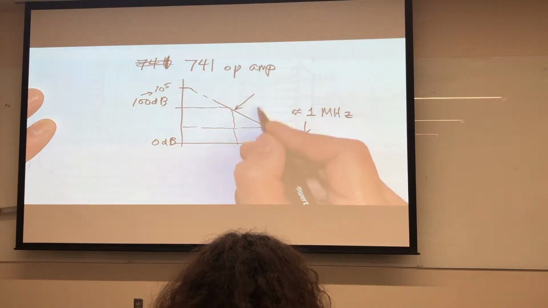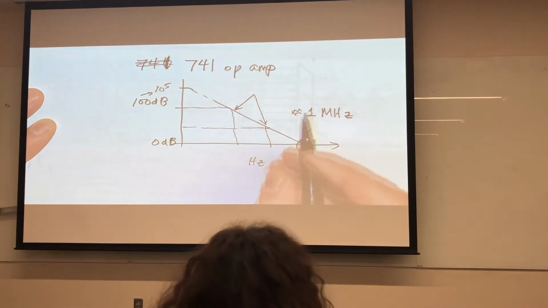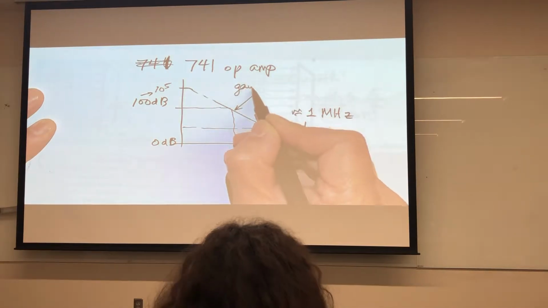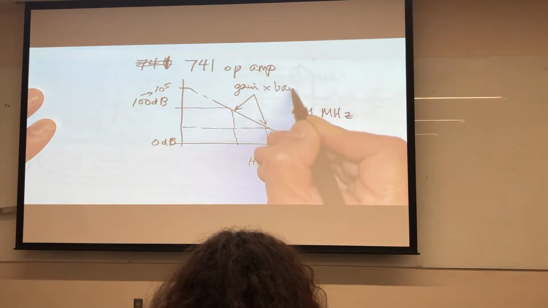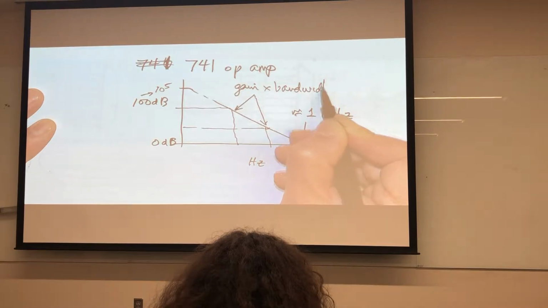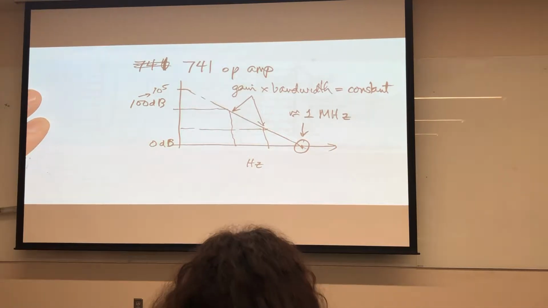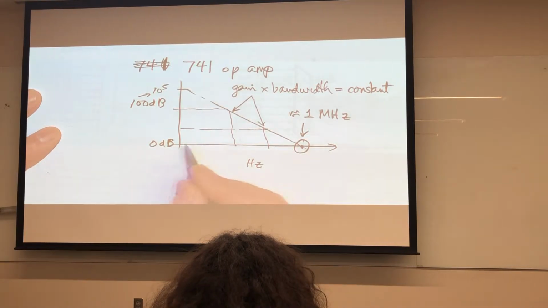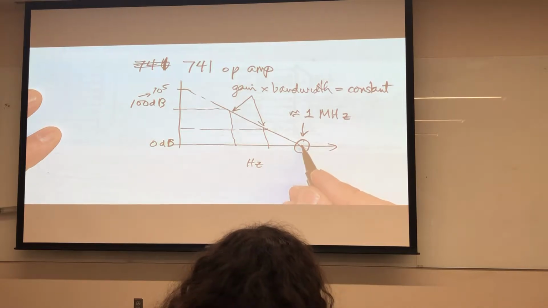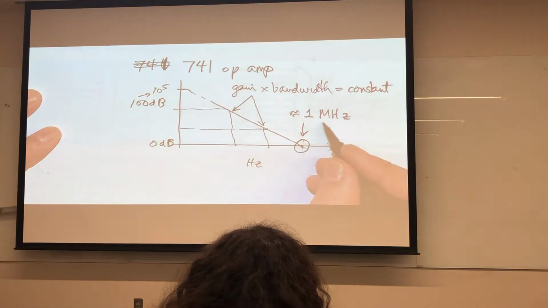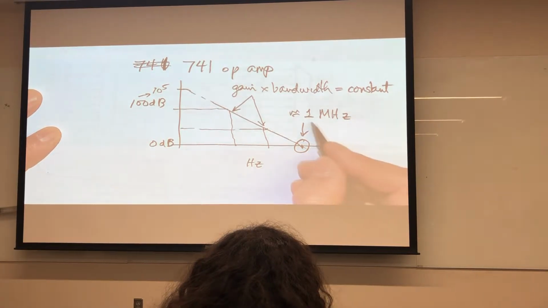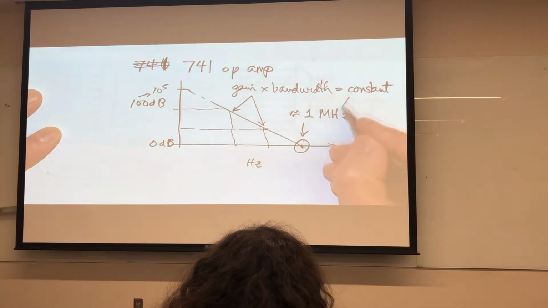All along here, the product of gain times bandwidth equals a constant. Here, the gain is 1. The frequency is 1 megahertz. So the gain bandwidth product for this is 1 megahertz.